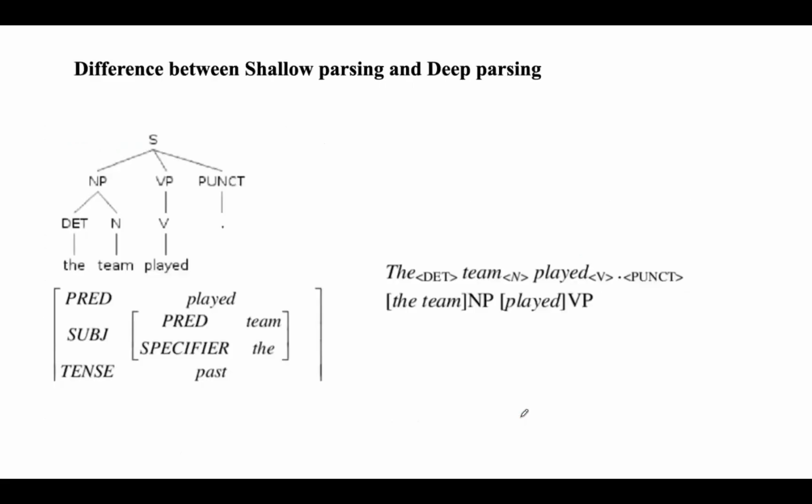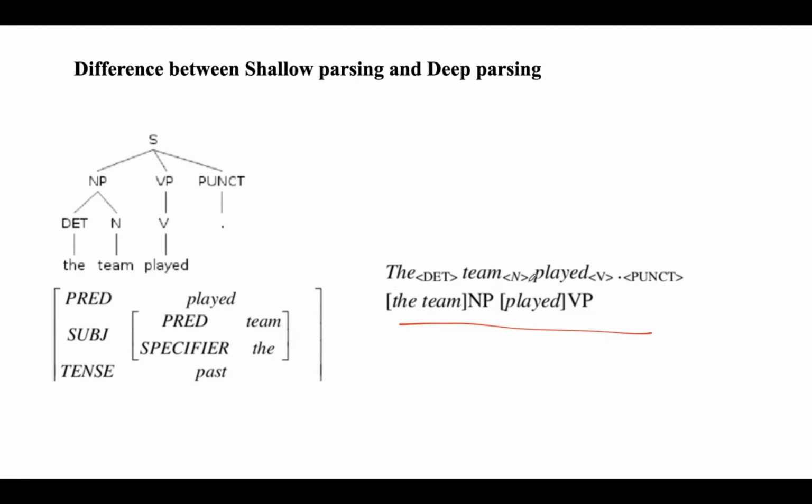And this is an example which shows the difference between shallow parsing and deep parsing. In shallow parsing, you can see the right side of this picture. For example, take the sentence "the team played." In that case, first we divide the sentence into multiple tokens.